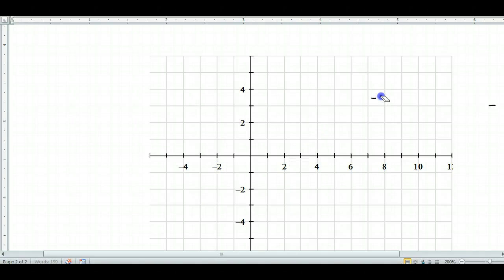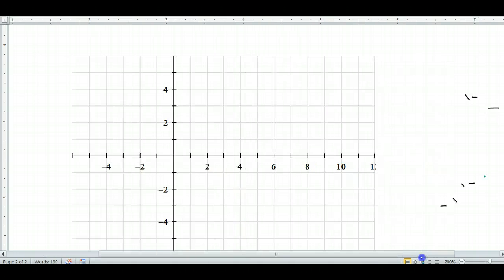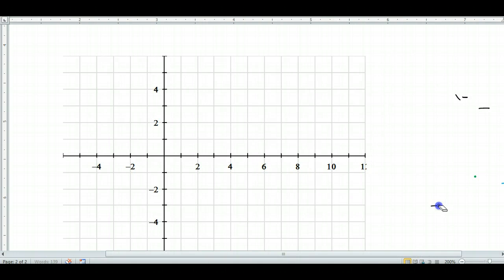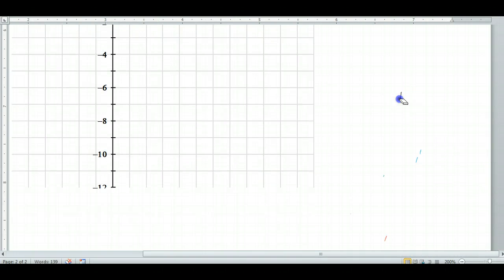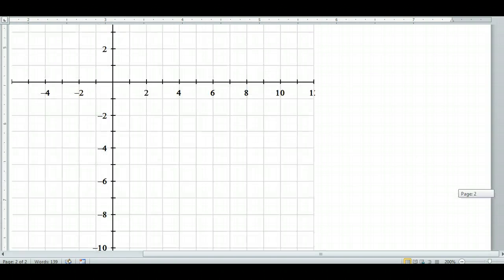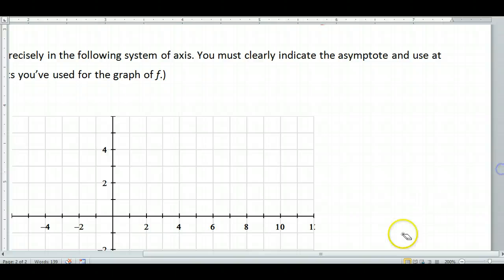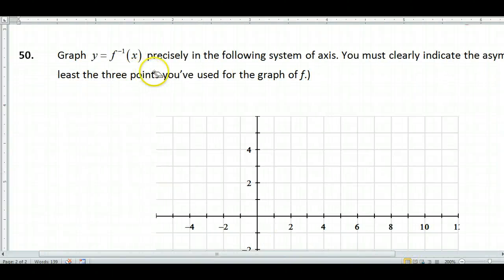Okay, alright, let's erase all of that. So in this question, we're supposed to graph, you must clearly indicate.